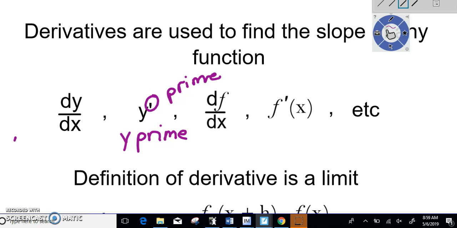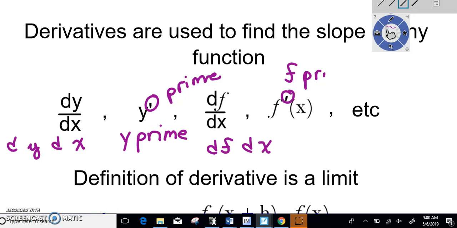The first one is called dy dx. So literally dy dx. Second one is df dx. And then the fourth one is f prime of x, and it's prime again. This is f prime of x.